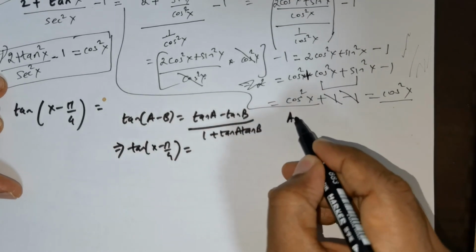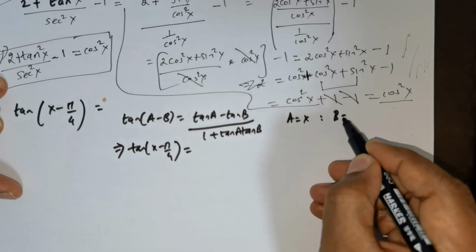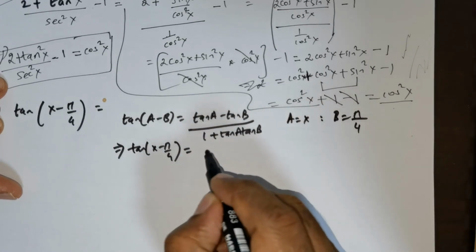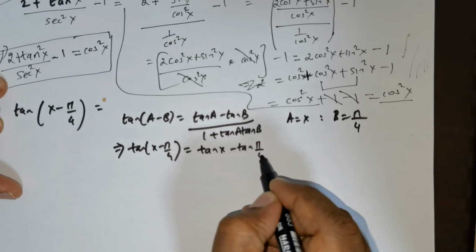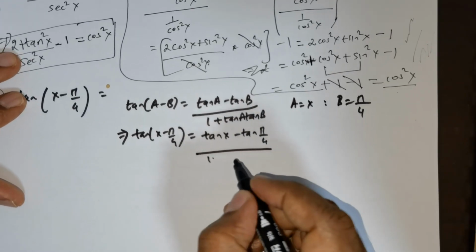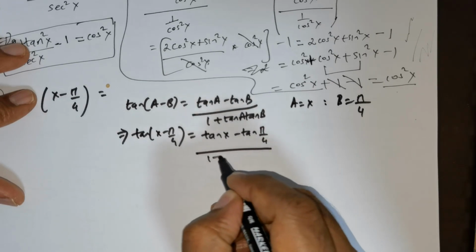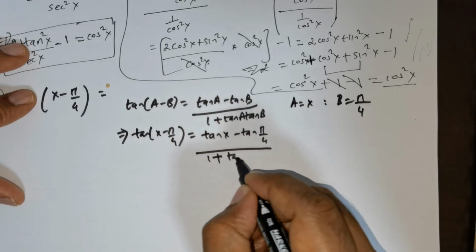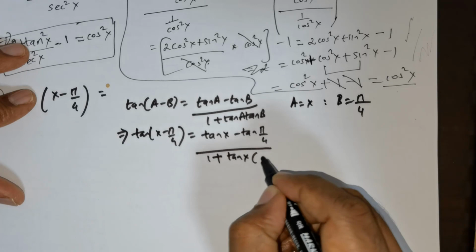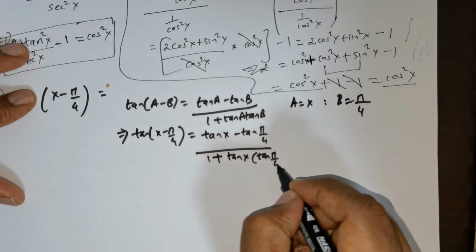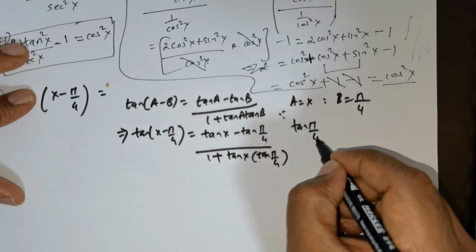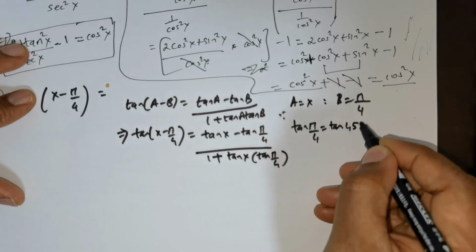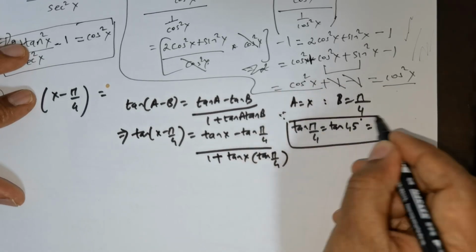In place of a you substitute x, in place of b you substitute pi over 4. So that is going to be tan x minus tan pi over 4 over, in this case, 1 plus tan x times tan pi over 4. Now we know that tan pi over 4 is nothing but tan 45 degrees, which is nothing but 1.